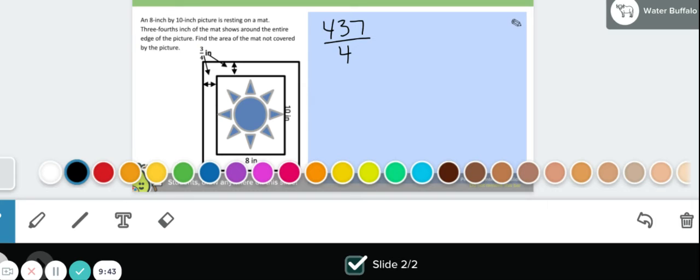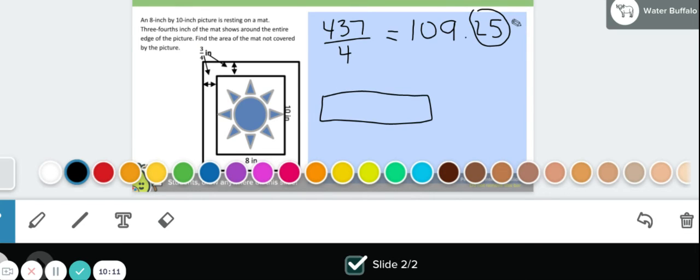So in order to put this back, we are going to divide 437 by 4. And when we do that, we get 109 and 25 hundredths. But we're not going to leave this as a decimal since we're working a lot with fractions. Think of a dollar. A dollar is broken up into 4 quarters.